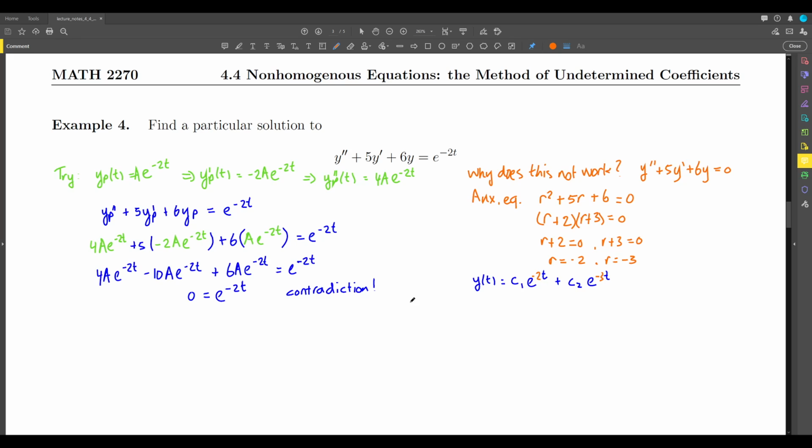So now here's the problem. This part we tried as a particular solution, but the problem here is that this solves this, where the right-hand side is 0 and not e to the power negative 2t.